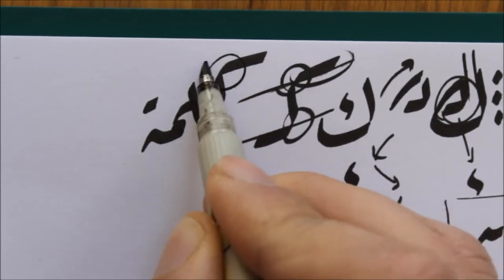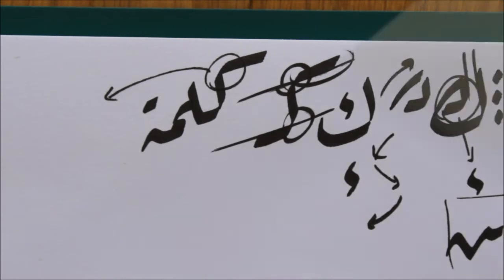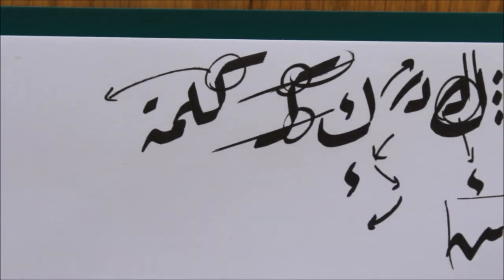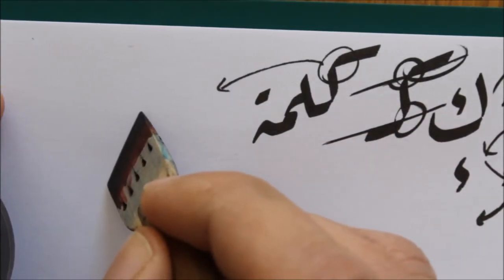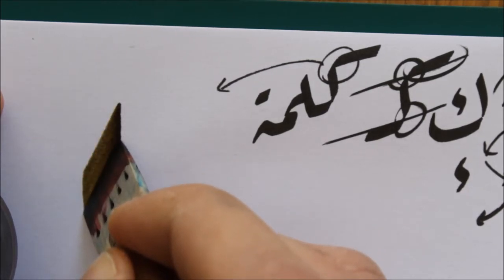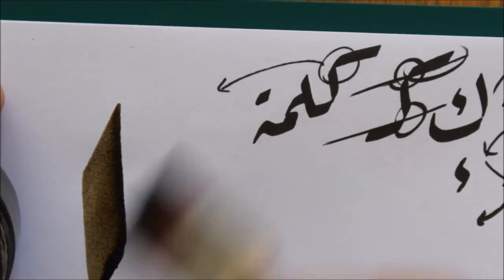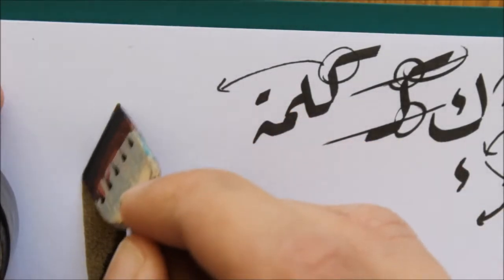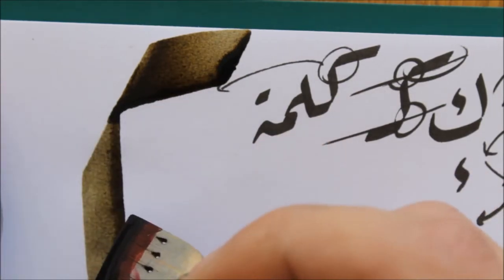So if we were to have a look at this, it would be the same move as the Dal, I reckon. I think we talked about it before. So if you had the Alif or the Lam going down like this, this has to start with the same angle and goes up, just like this.